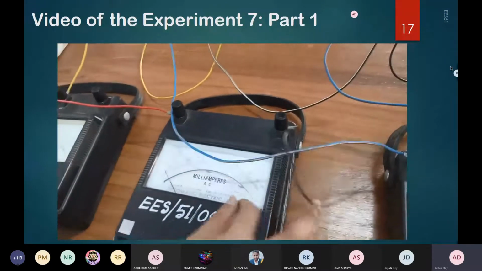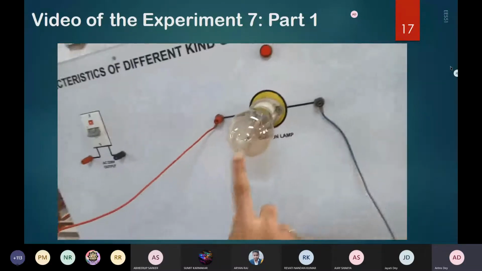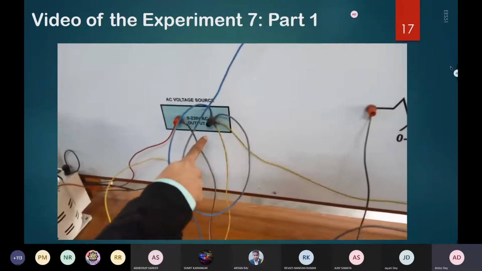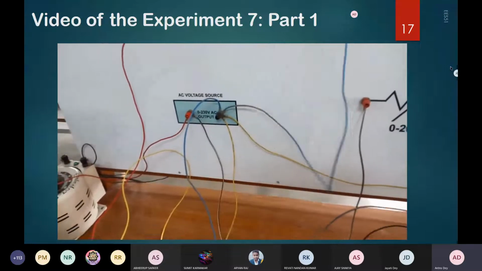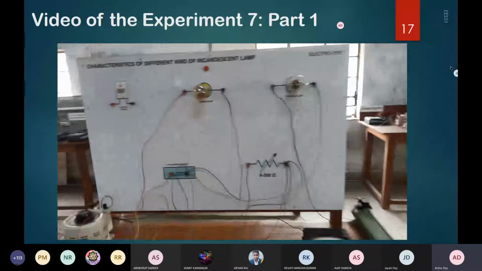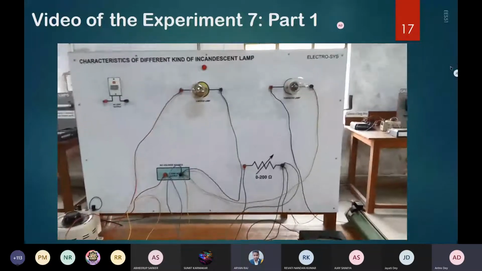We have connected it in series with the carbon lamp, and from the carbon lamp it closes its circuit at the terminal of the variac. So this is how we complete our circuit. This is all about the circuit connection, or preparation of the setup for the experiment.